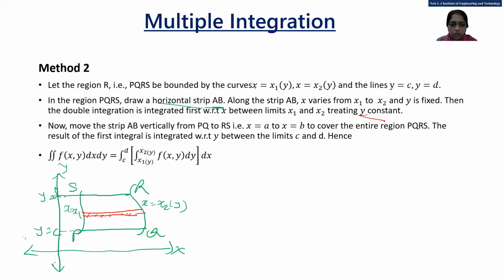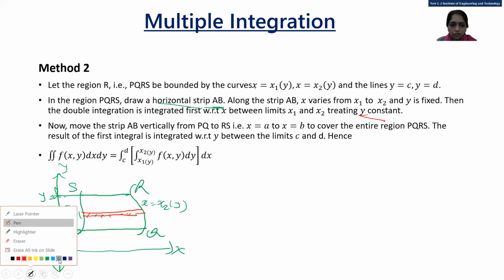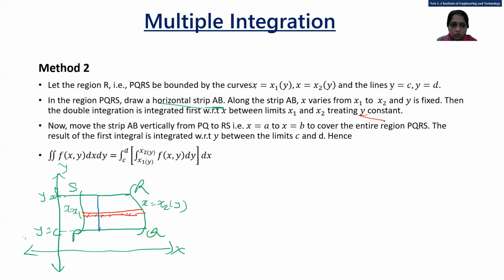Now move this strip from horizontal to vertical, right? And you have to cover your whole region PQRS, first from x1 to x2, then from PQ to RS. So in this case, you have to do your integration with respect to x first, then whatever answer is left, you have to do your integration with respect to y. So these are the two methods.